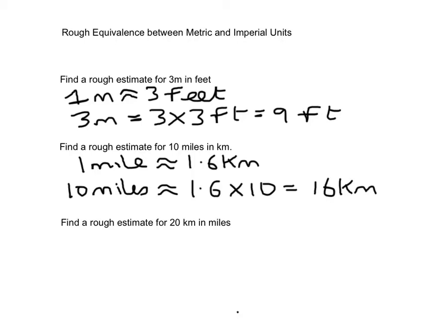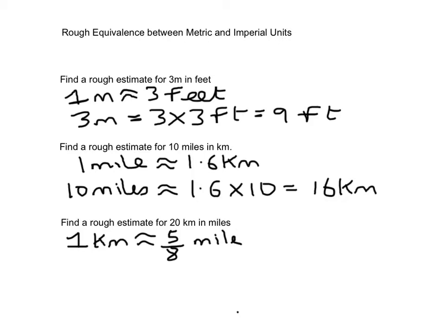Finally, on this page, it says to find a rough estimate for 20 kilometers in terms of miles. Okay, so to do this, I'm going to use the fact that 1 kilometer is more or less 5/8 of a mile.